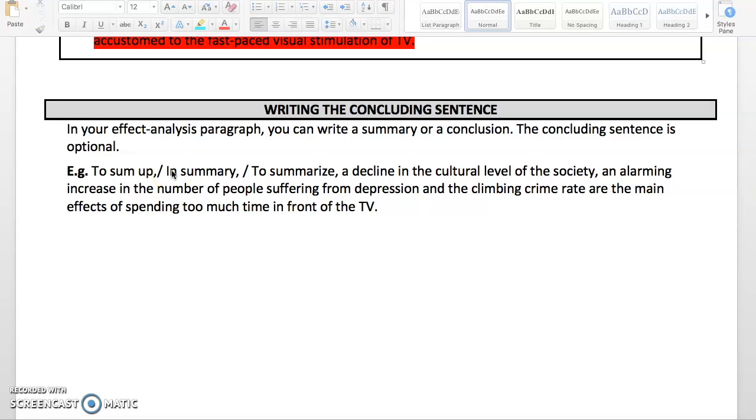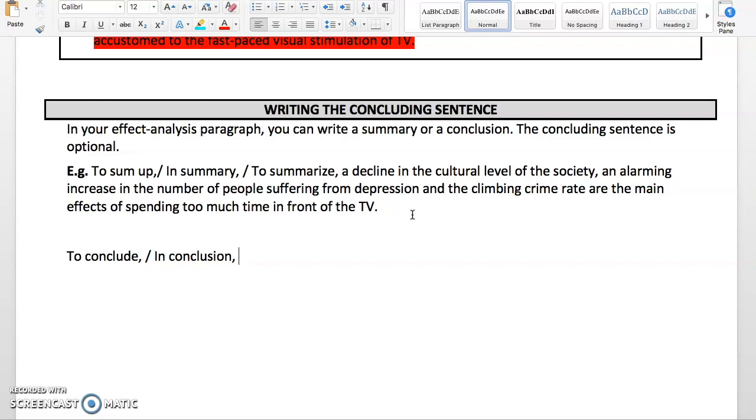I can also have a conclusion sentence. How do I start it? I can say to conclude, or in conclusion. And then I don't summarize the paragraph. Instead, I reach a conclusion. Imagine my paragraph was about obesity.